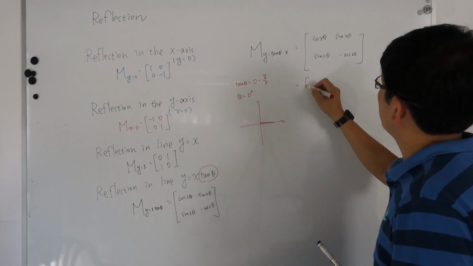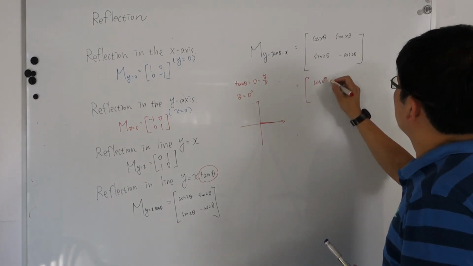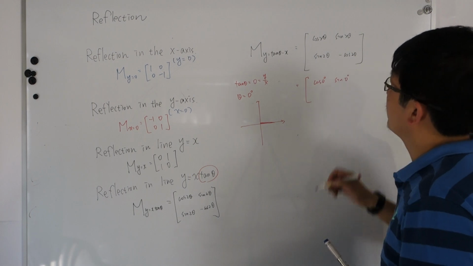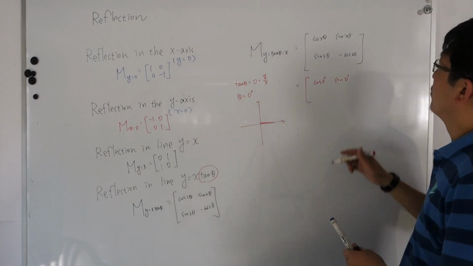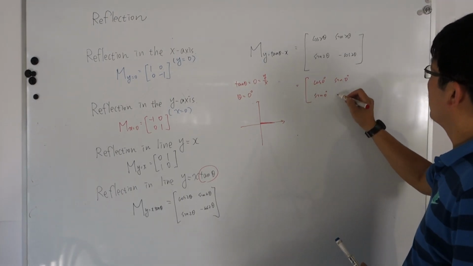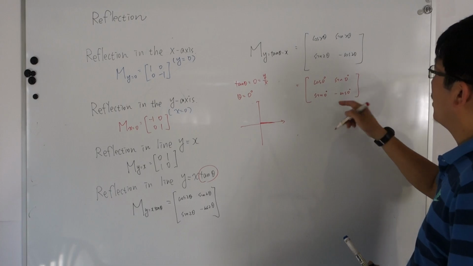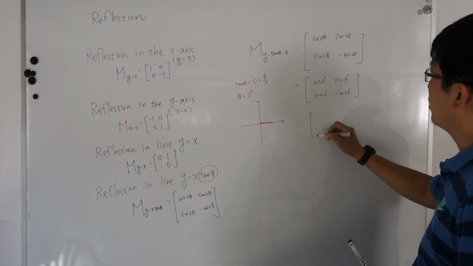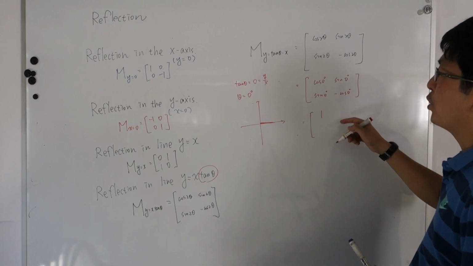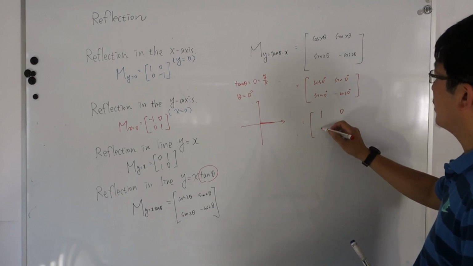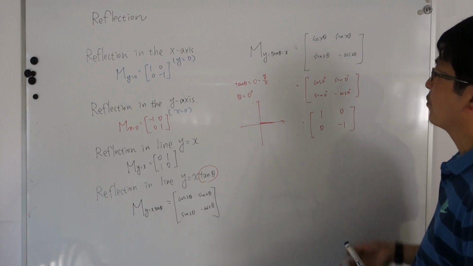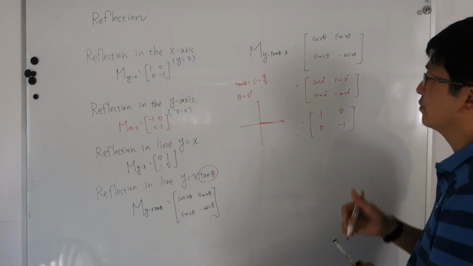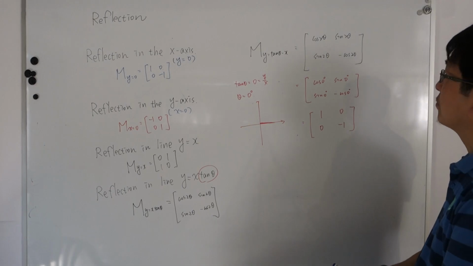You just sub in 0 degrees: cosine 0, sine 0, sine 0, negative cosine 0 degrees. Cosine 0 is 1, sine 0 degrees is 0, negative cosine 0 degrees is negative 1. See? You get this.